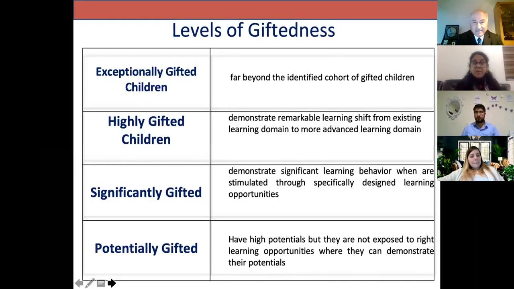So we defined the levels of giftedness, so it is not a linear model. It is basically an exponentially growing model, because we believe that it is developmental.